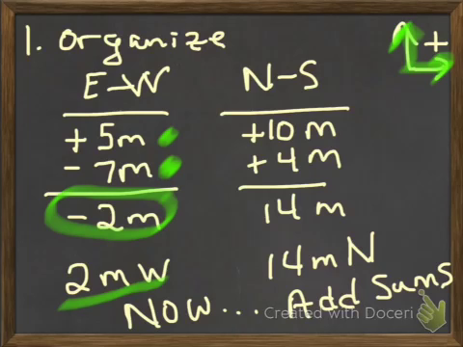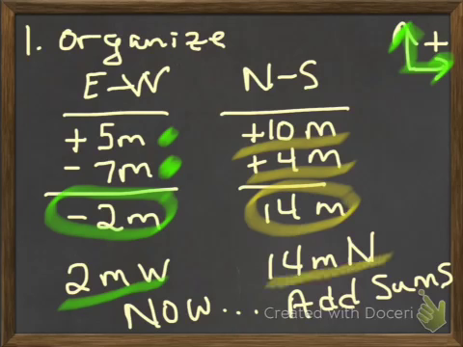Looking in the north-south direction, you'll see we've gone 10 meters north and 4 meters north, giving us a total of 14 meters positive, or 14 meters in the north direction. Remember from the previous day's lessons that it doesn't matter where the vectors go on a grid.